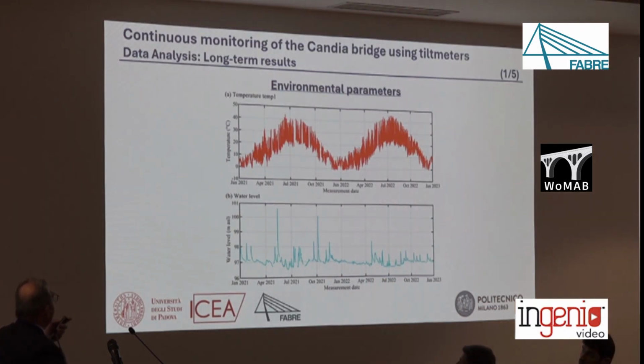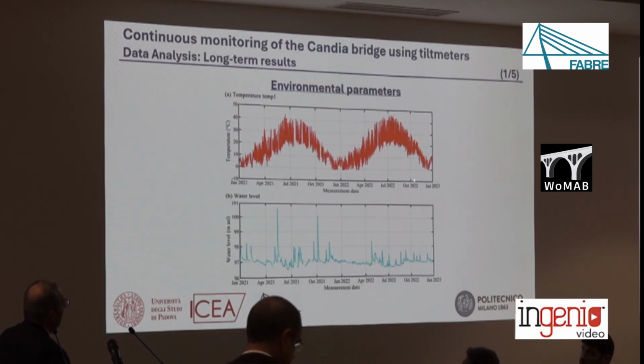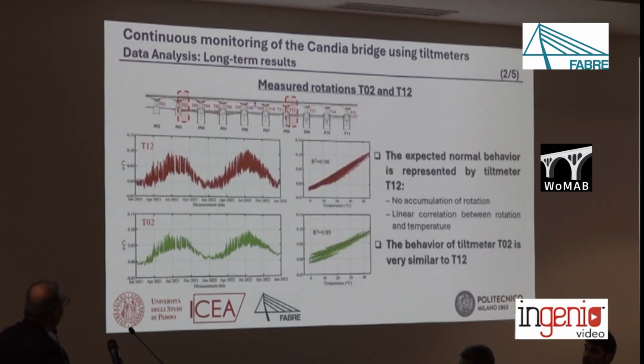So let's look at the results collected in 2 years of monitoring, from January 2021 until December 2022. Here we can see the evolution in time of the measured temperature and also of the water level. But for us, it is very interesting to first look at the normal behavior.